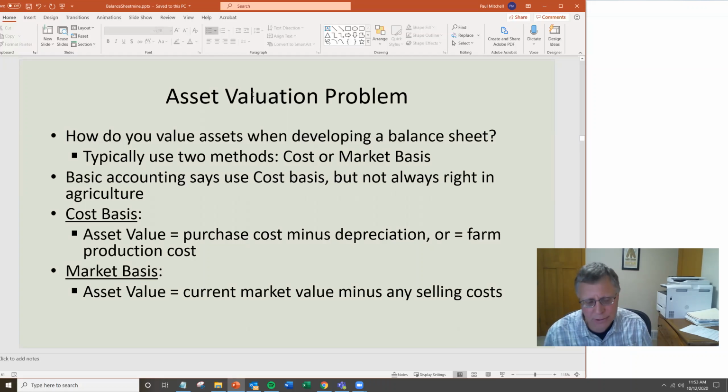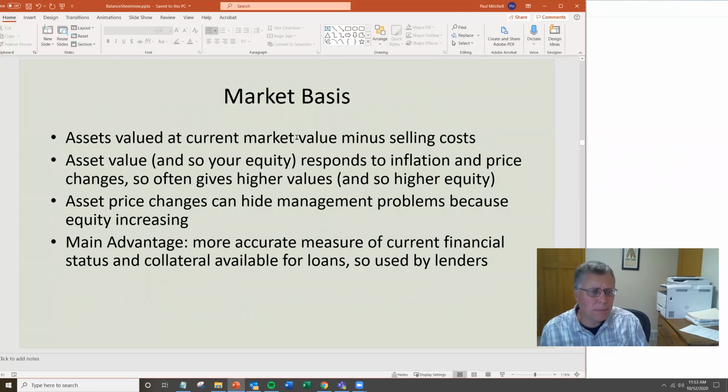The market basis balance sheet uses the current market value, not the cost, but what it's actually worth today, the day of the balance sheet, minus any selling costs. The issue with that is that the asset values can change, and so your equity can change in response. Market value can change due to inflation, just overall prices increasing and decreasing.